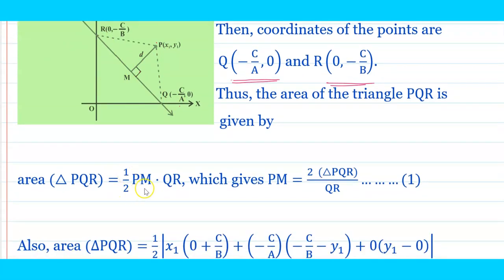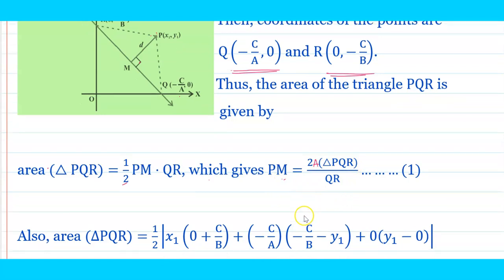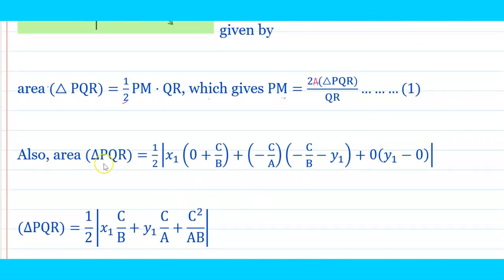PM is the distance we require, therefore PM = 2 times the area of triangle PQR divided by QR. Next, what is the formula for the area of the triangle PQR?